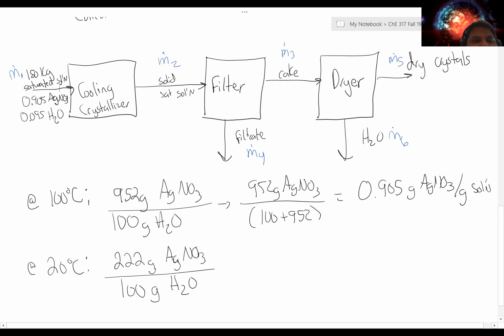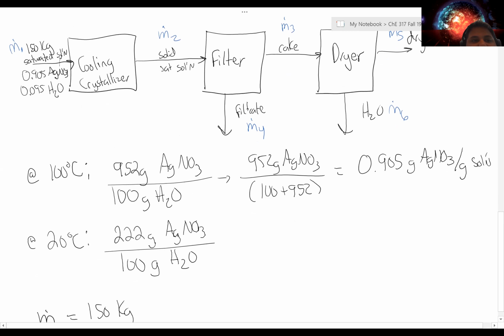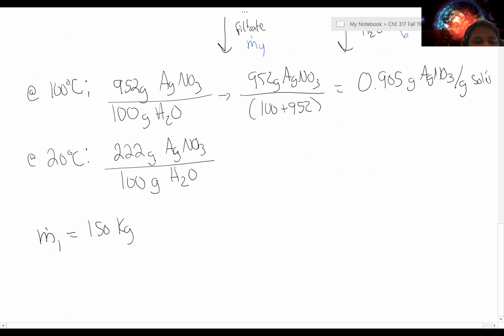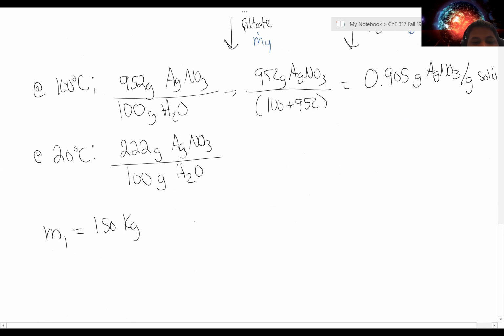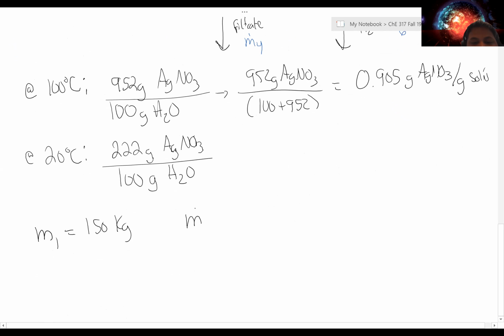And I didn't have a time basis, so I guess technically they don't have dots, but it depends on how picky you want to be in notation. And so the silver nitrate in M1 is 0.905 times 150 kilograms.